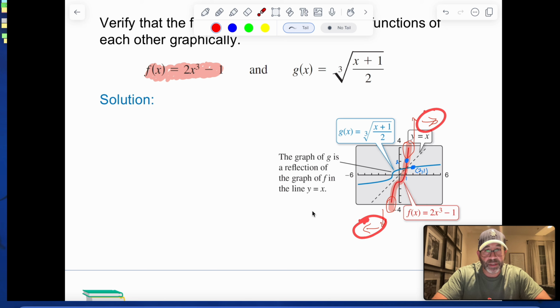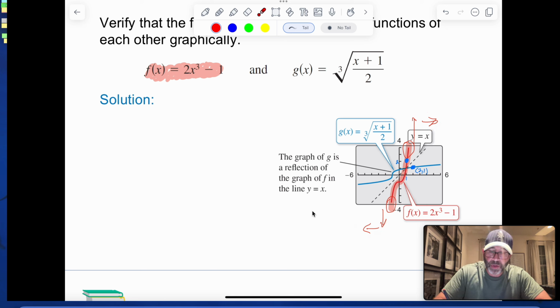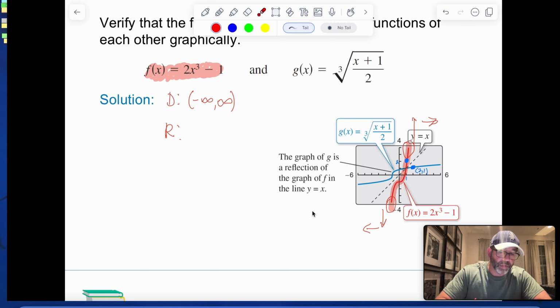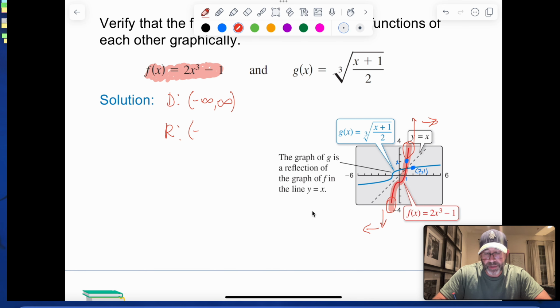So you can see that in this case, this graph is going to the left forever, and it's going to the right forever. So negative infinity to positive infinity. When we look at the range of this, we're talking about the up and the down direction now. So in this case, it's going up forever and it's going down forever. And so the range for this is going to be negative infinity to positive infinity.